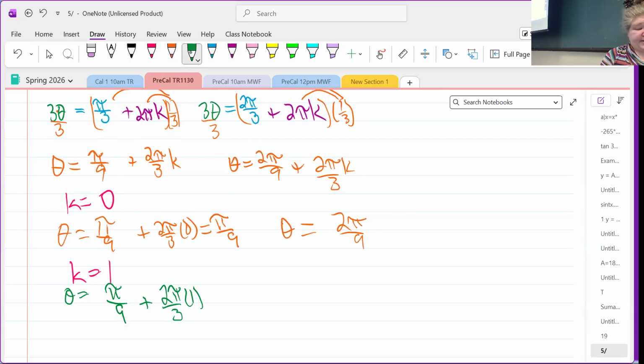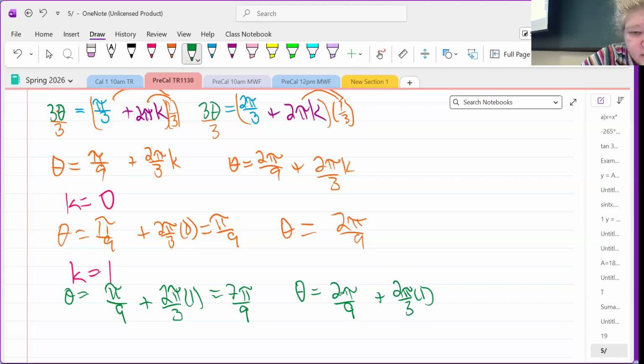And this calculator doesn't like pi's, so 1/9 plus 2/3, 7/9. So 7 pi over 9. And then this one over here, 2 pi over 9 plus 2 pi over 3 times 1. So 2 plus 6 will be 8 pi over 9.